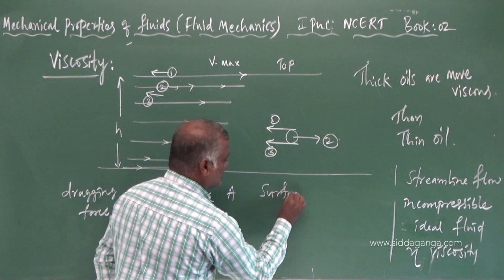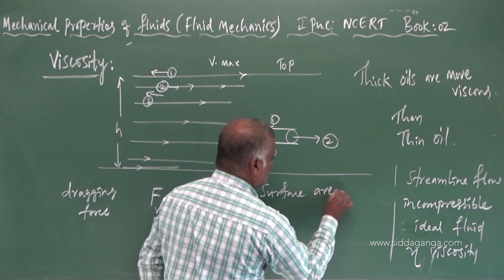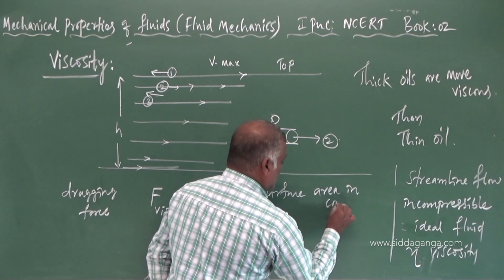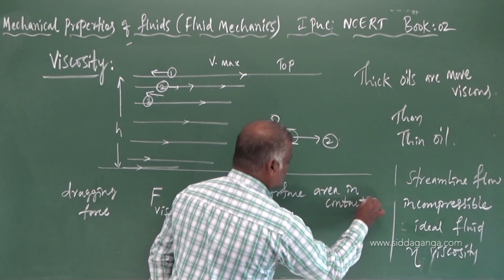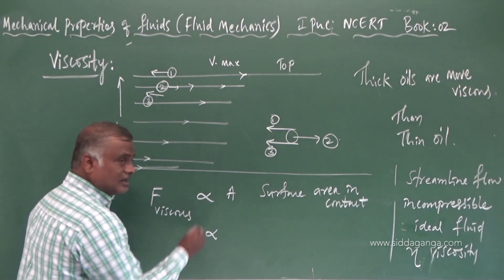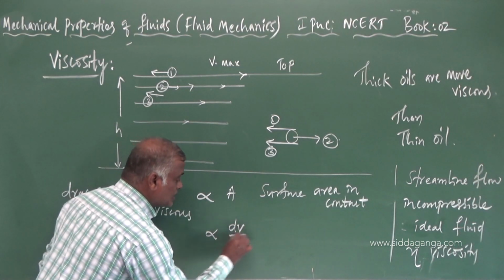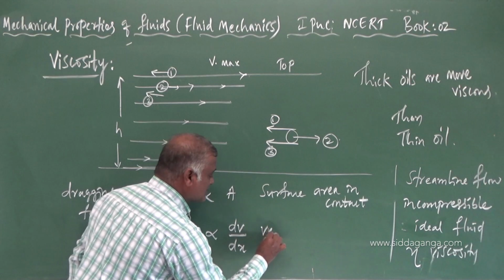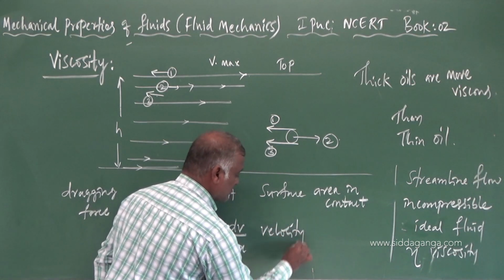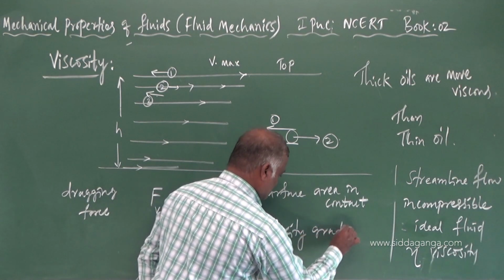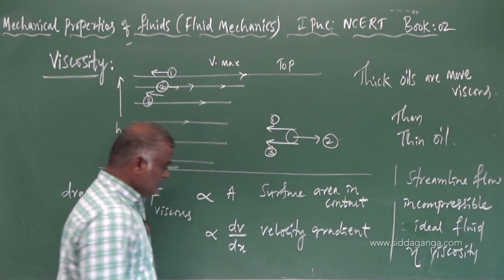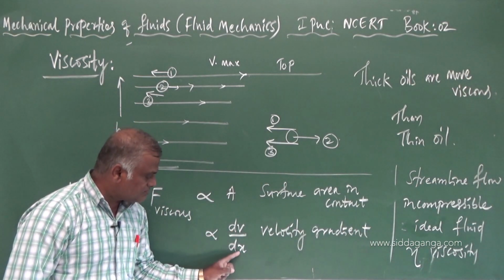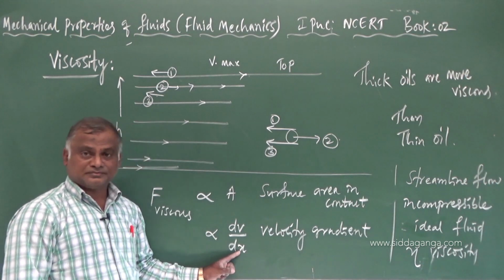Surface area in contact. And it is directly proportional to velocity gradient. So here, any physical quantity which is measured with respect to distance.